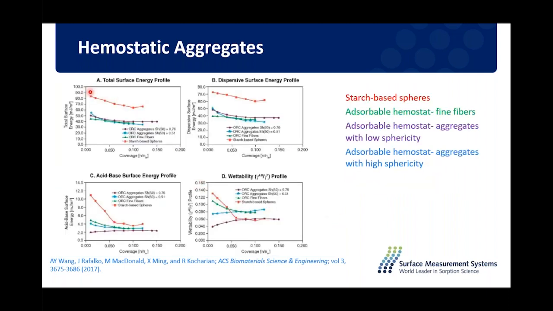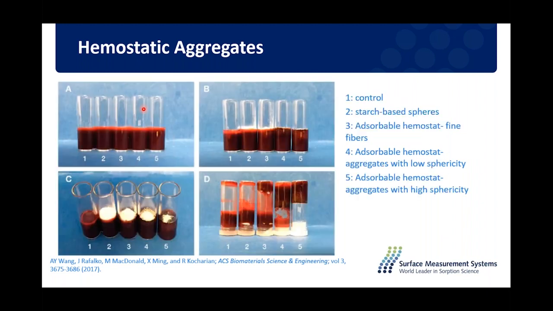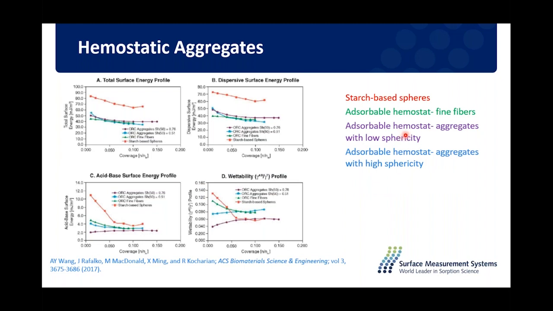So we measured the total surface energy, the dispersive, the acid-base, and the wettability. Again, this red is the starch-based spheres, which did not do a good job of clotting the blood. The hemostat aggregates did a much better job of that. And we can clearly see that there are some subtle differences in here, which are explained further in the paper.